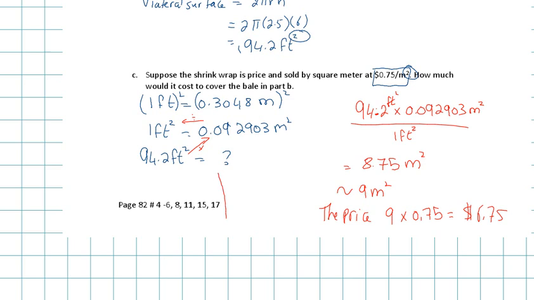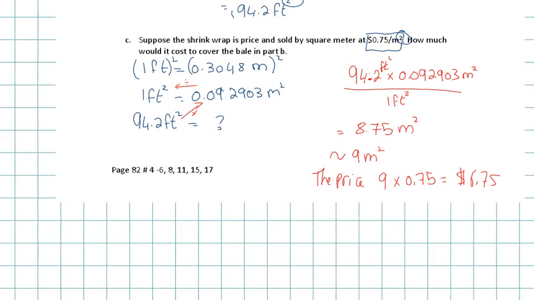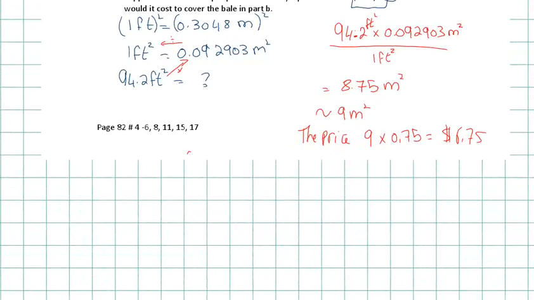So you have to put: therefore, the price to cover the mail in part B is $6.75.